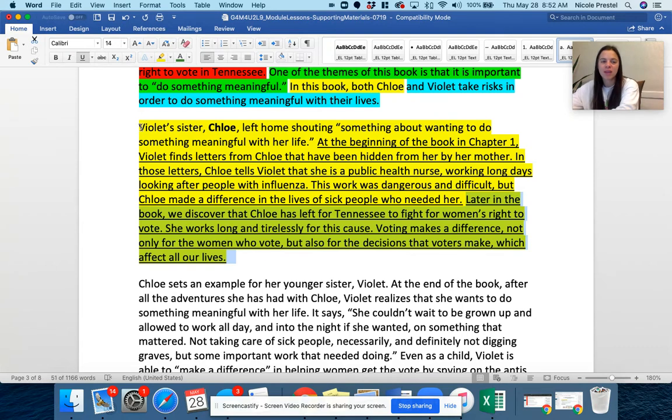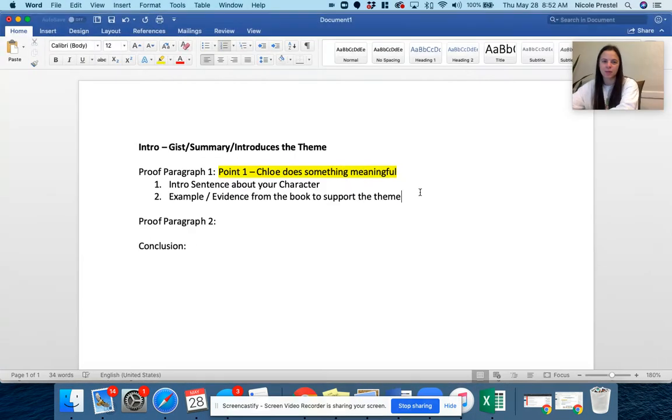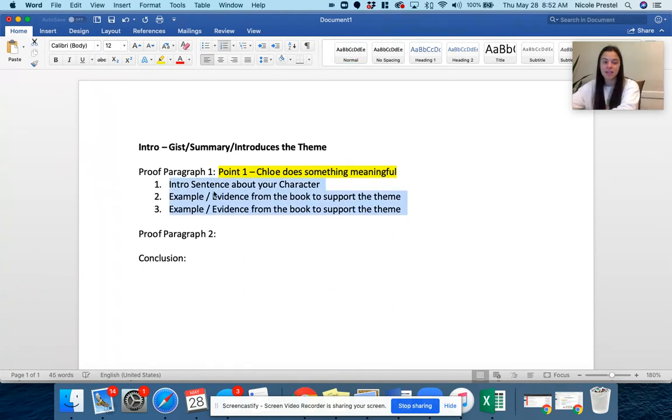So you will give me an intro sentence, one example about your character supporting your theme, and then one more example about how your character is supporting your theme. So for step 3 of this paragraph, you will have another example evidence from the book to support the theme. And then that's it. Those are the 3 parts of this paragraph.